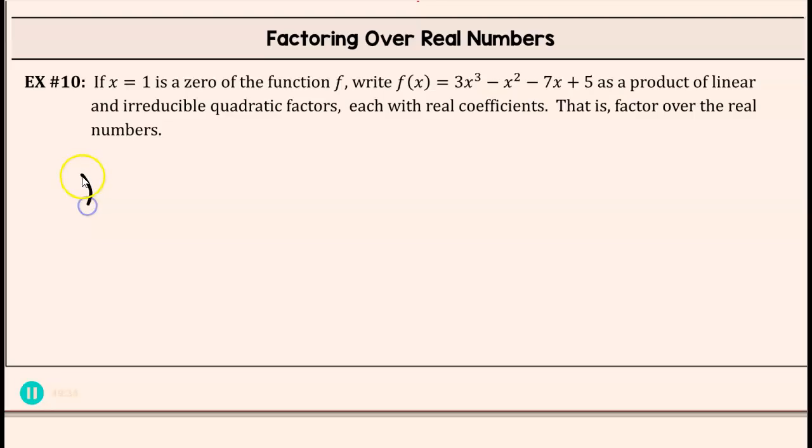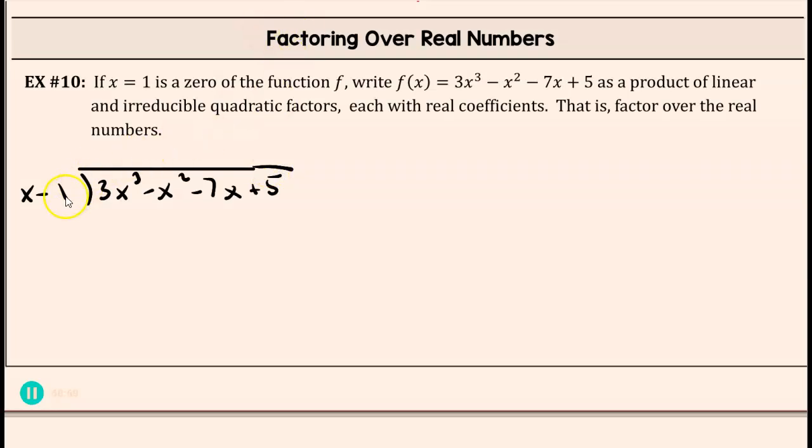So we're going to do some long division here. Okay, and one of my factors is x minus 1. Right, and I'm going to divide that into my polynomial to see what's left over. Plus 5. There we go.